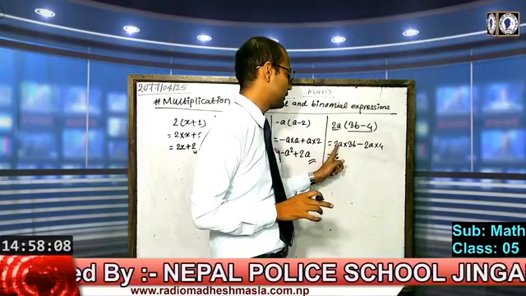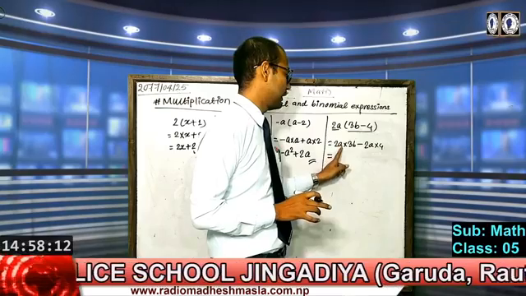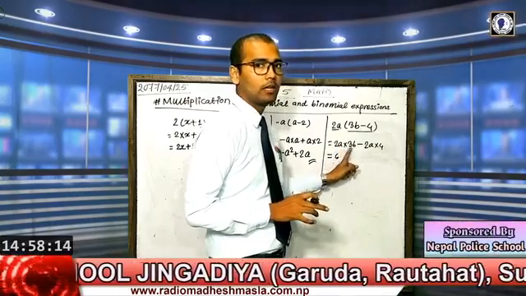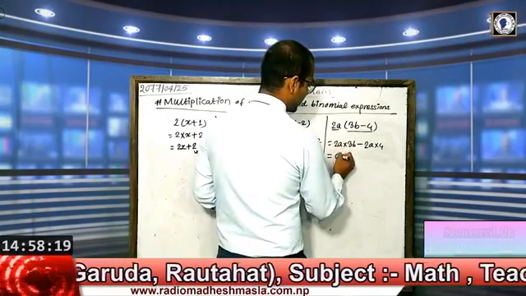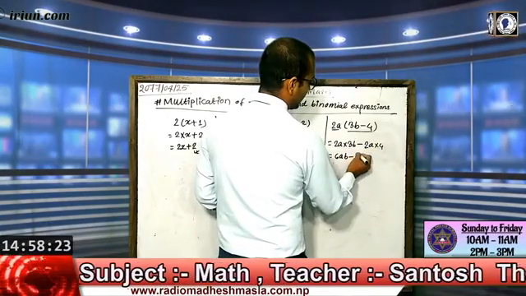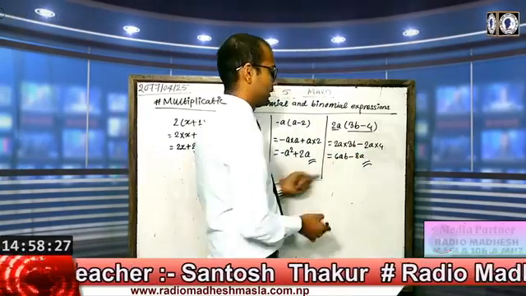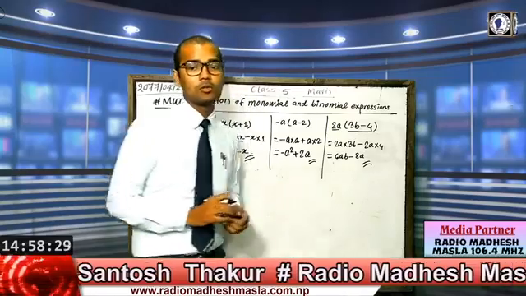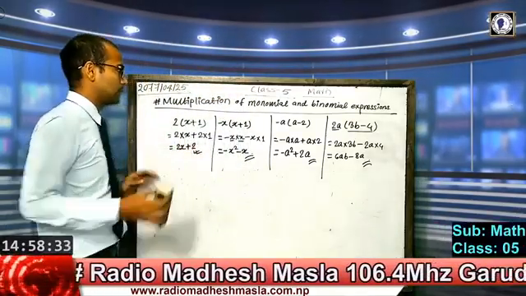Coefficient into coefficient, so 2 3s are 6, and their bases are different, so we should write them the same. So a into b means ab, then minus 2 4s are 8a. Our answer is this, because they are unlike terms. Students, I hope you understood these multiplications.